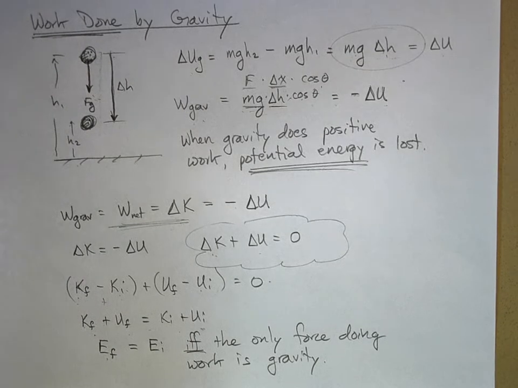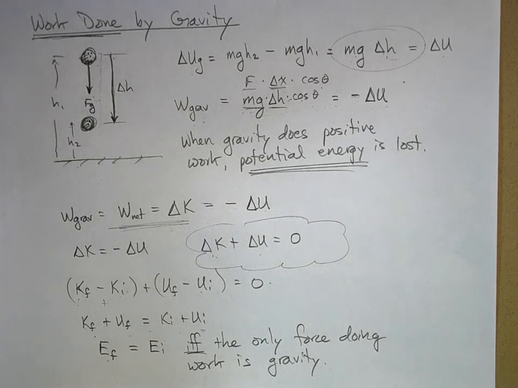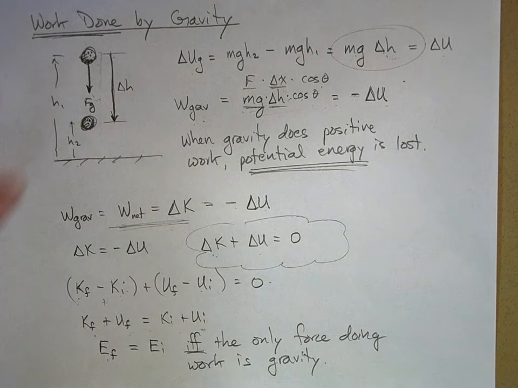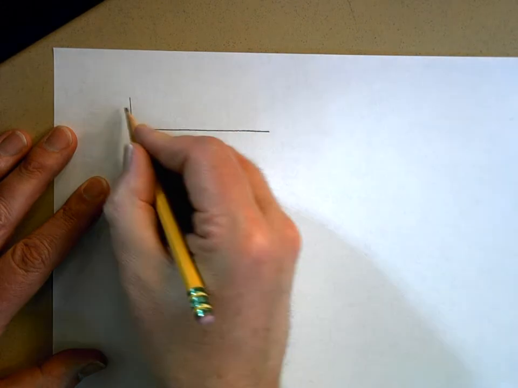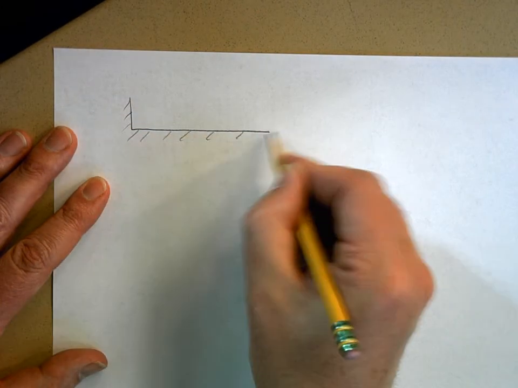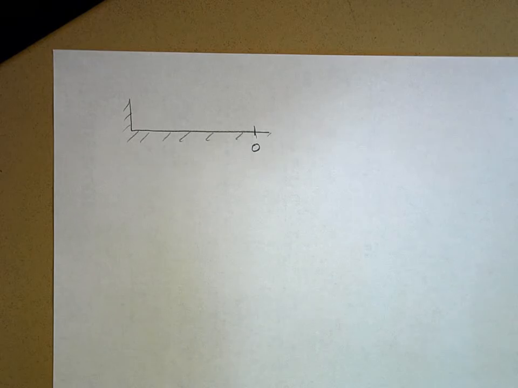Now let's look at a spring. Now I'm not going to go through it in quite as much detail as this, but if here we have a spring, and let's say when you're right here, it's 0. That's where the spring is relaxed.